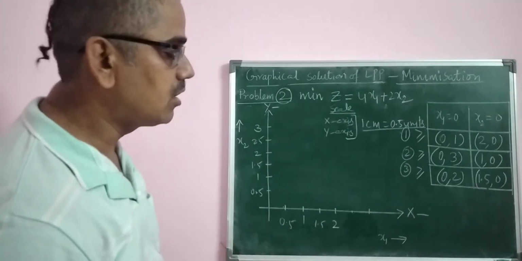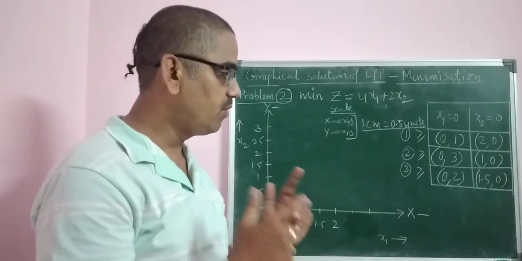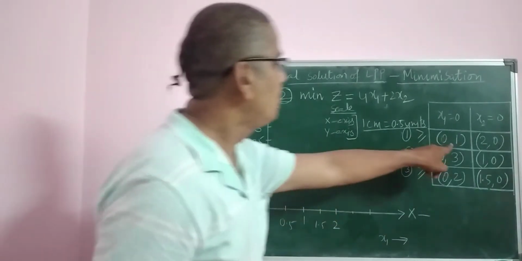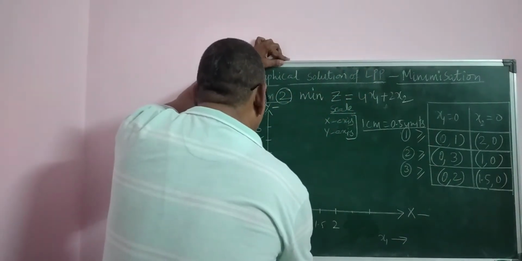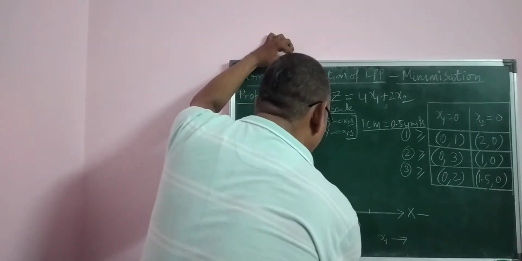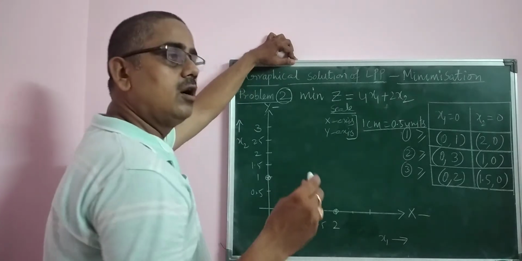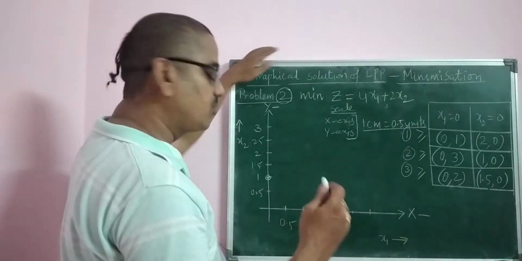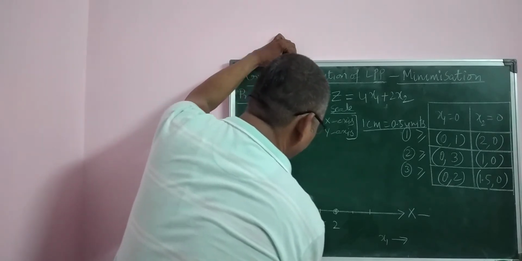Then we have to consider the equations one by one. Equation 1 with 2 points: (0, 1) and (2, 0). So this is the point (0, 1) and (2, 0) is this point. Join these 2 points and you will get a straight line. Draw a straight line by joining the points.